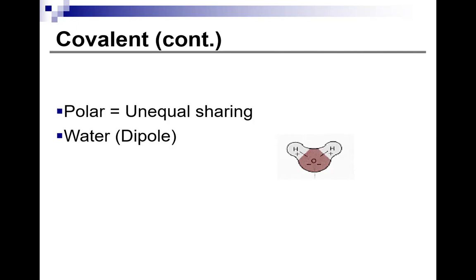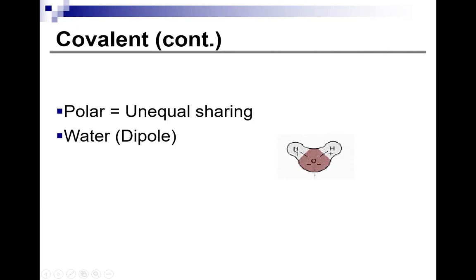But when they share, they don't share nicely. Oxygen is much stronger, so the electron that hydrogen is bringing to this covalent bond, most of the time it's with the oxygen. So basically the oxygen is going to pull the electron from hydrogen towards itself, and it's going to create kind of a negative pull around the oxygen.